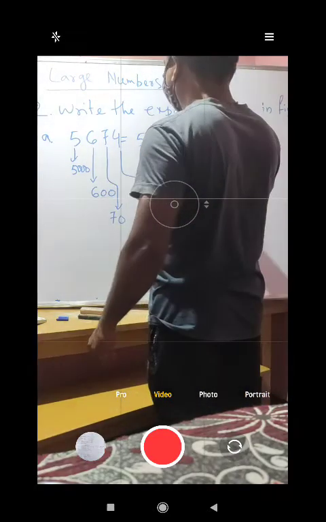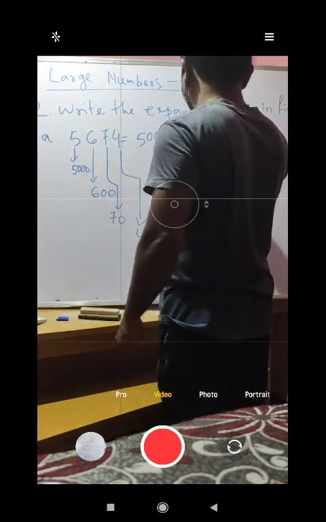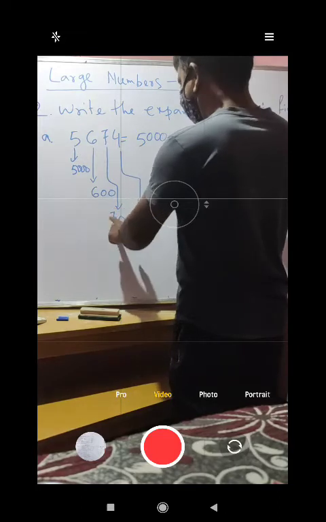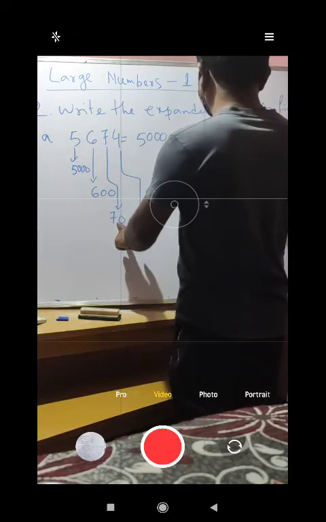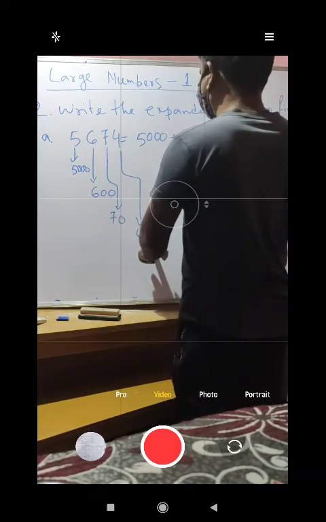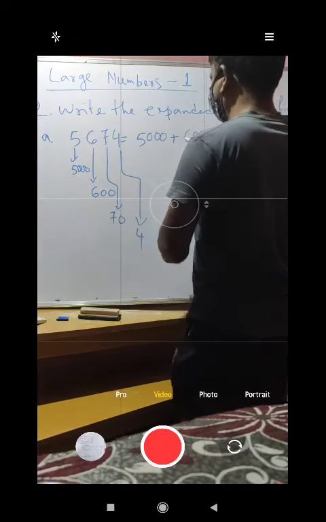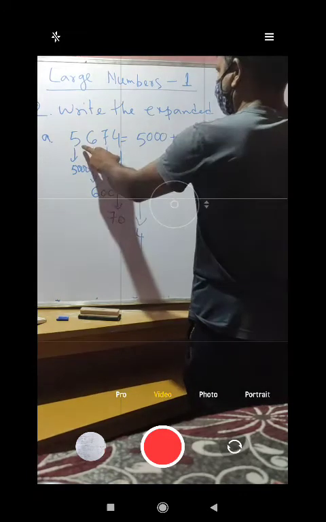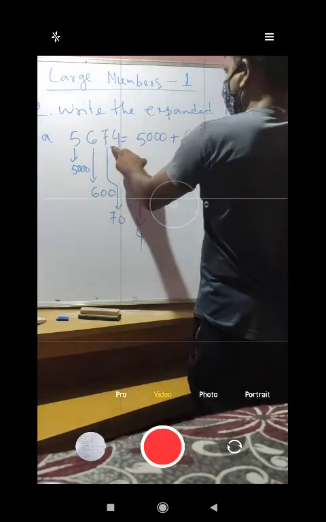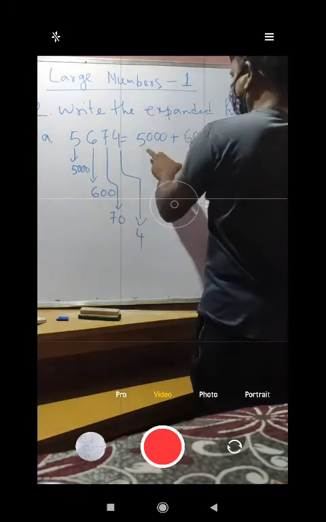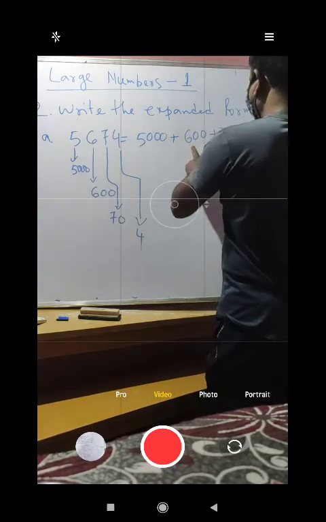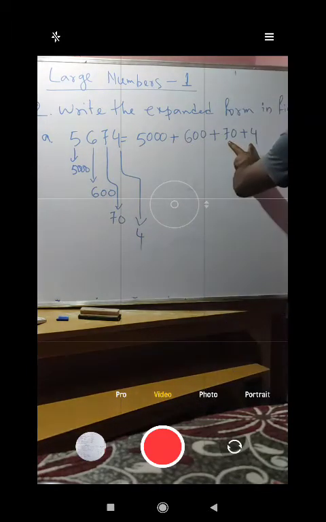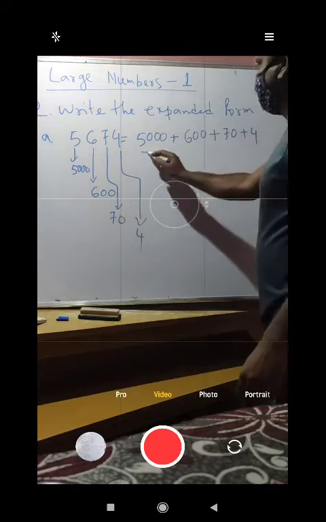First we have written 5,000, after that we will write this 600 here, after that we will write here 70, after that we will write here 4. So if we add all these things, it will come like this. 5,000 plus 600 equals 5,600. After that 70 will come here and 4. So it is 5,674. So this is the answer. Okay. So this is your answer.